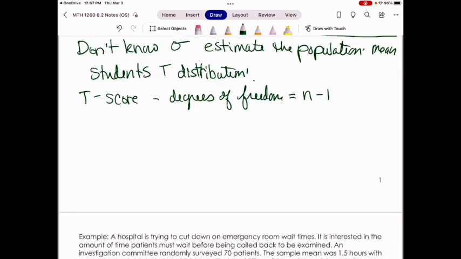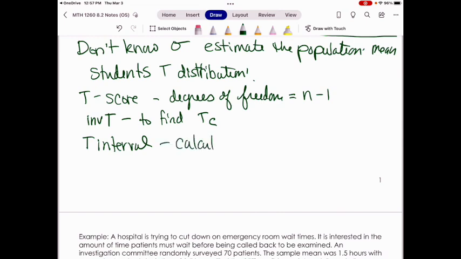When we use the t-distribution, the way that you find your t-score is you can use inverse t on your calculator to find your t-critical, just like you do for your z-critical. We would use t-interval rather than the z-interval on our calculator when we use the calculator method.